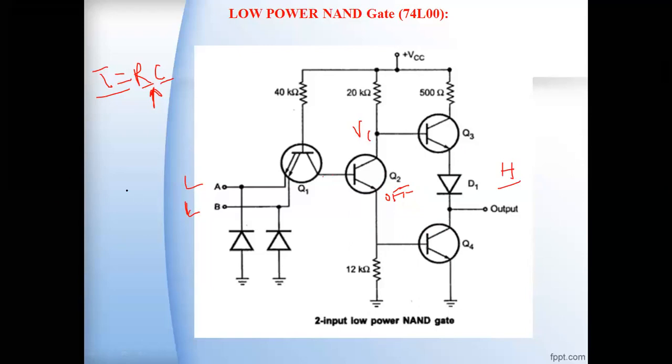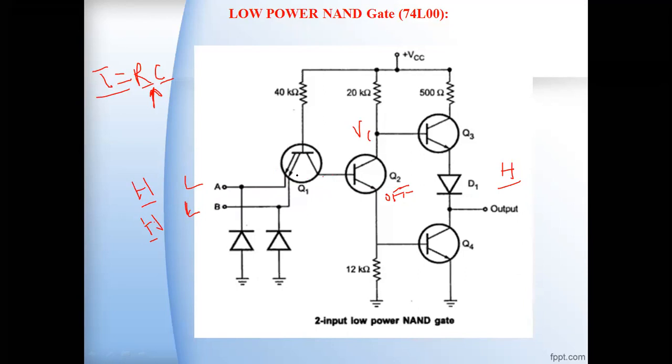Now take the other combination of inputs. Both inputs are high here. When the two inputs are at logic high, the transistor Q1 is in the off state. Why is it in the off state? Because the emitter terminals are at the higher voltages. For higher emitter voltages, the transistor Q1 is off.